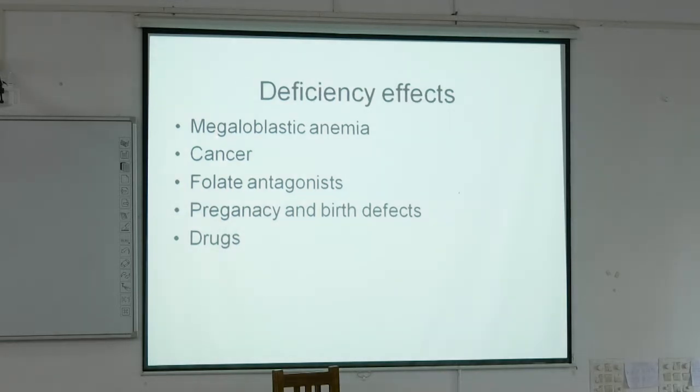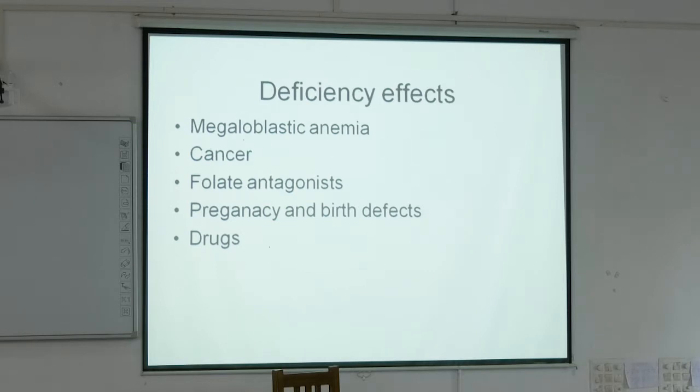Why? Because cancer cells will utilize folic acid for overproduction of nucleic acid. It is growing rapidly. To treat cancer you are given folate antagonist, so folic acid will be further deficient in the body. Pregnancy and birth defect: pregnancy causes increased utilization.